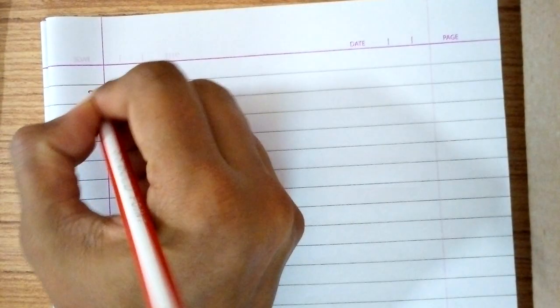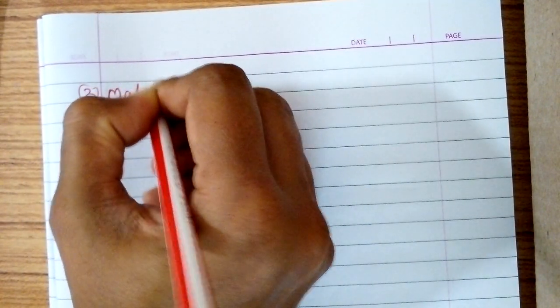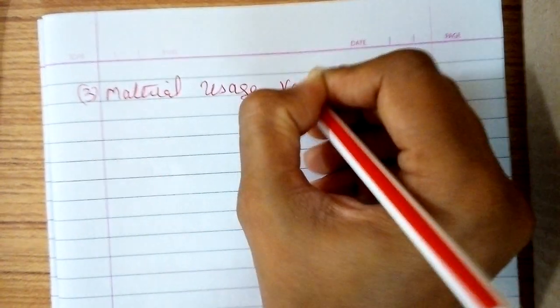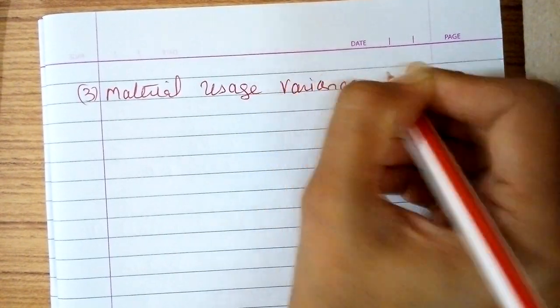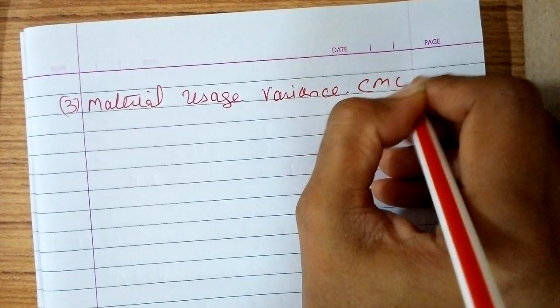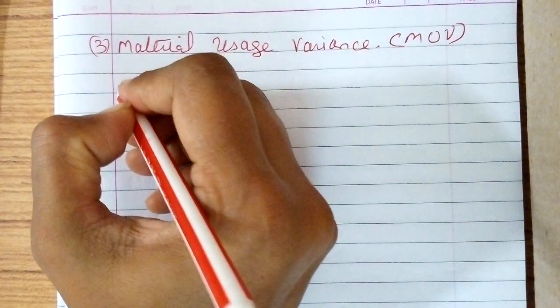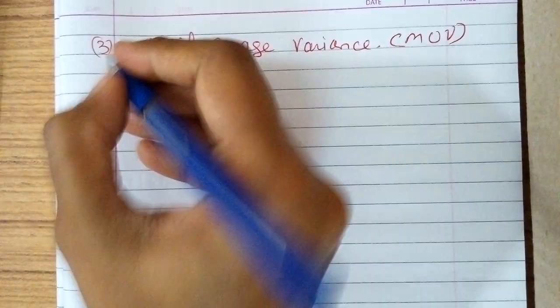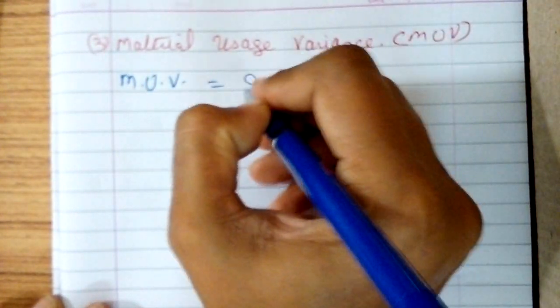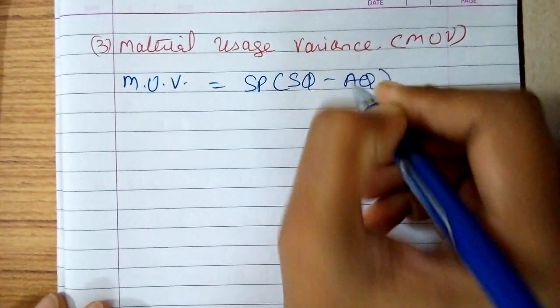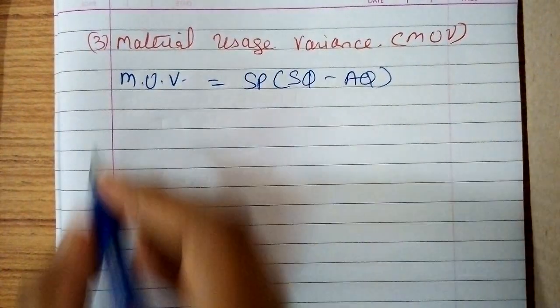Okay. Next, third, material usage variance, that is MUV. Okay. So the formula of MUV equals standard price into bracket standard quantity minus actual quantity.